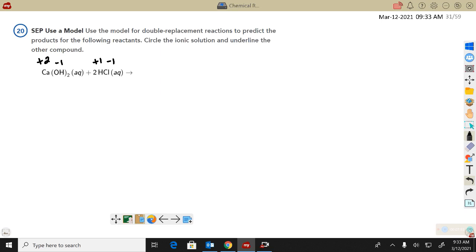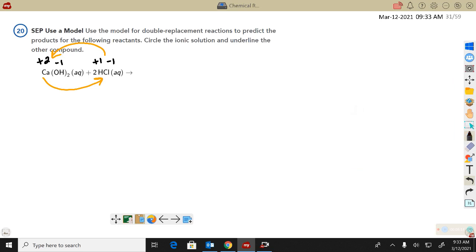Okay, so I've got the charges in, and it just helps me know that I'm going to switch the two positives. Now, often the positive ions come first in each compound, so you could just switch the first ion of each compound, but eventually I'm going to want to know the charges. So I like just putting them in right away.